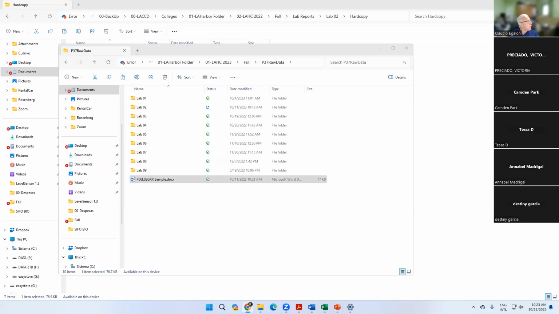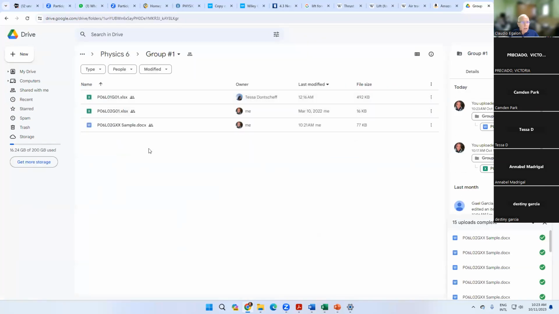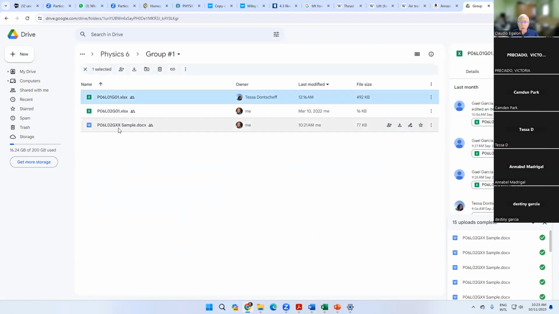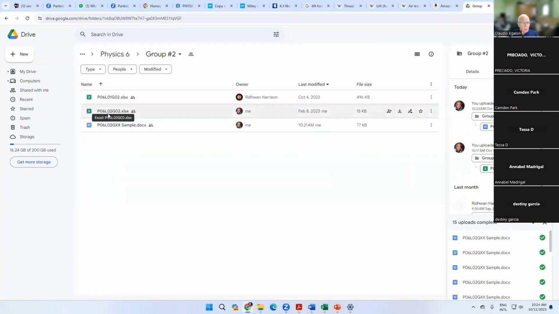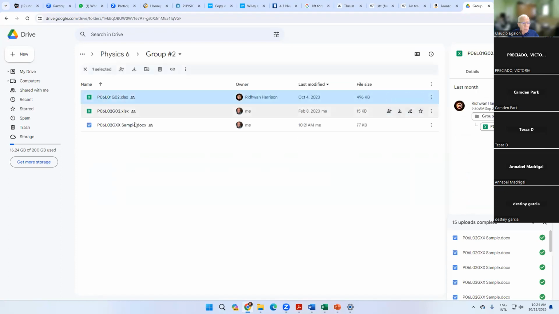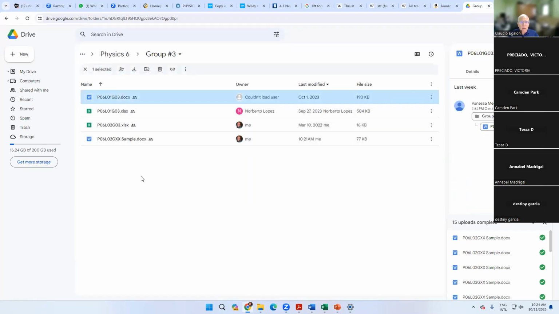Group 1, good. I'm gonna show you everybody's. Okay, so here you go, group 1. I see your spreadsheet, but I don't see your Word document. Here's the sample. Group 2, I see your spreadsheet, but I don't see your Word or PDF document. It doesn't have to be a Word document, it can be a PDF document. Group 3 has it.